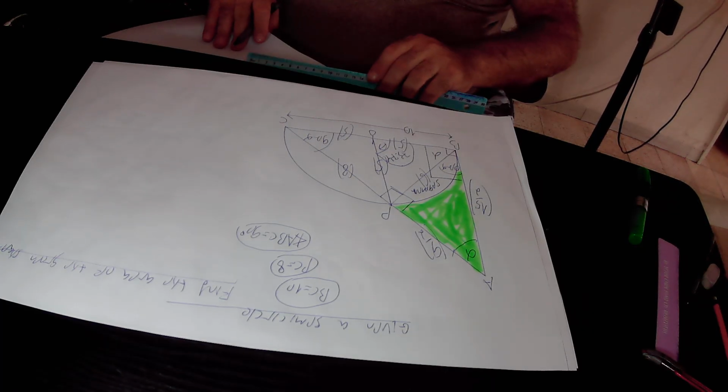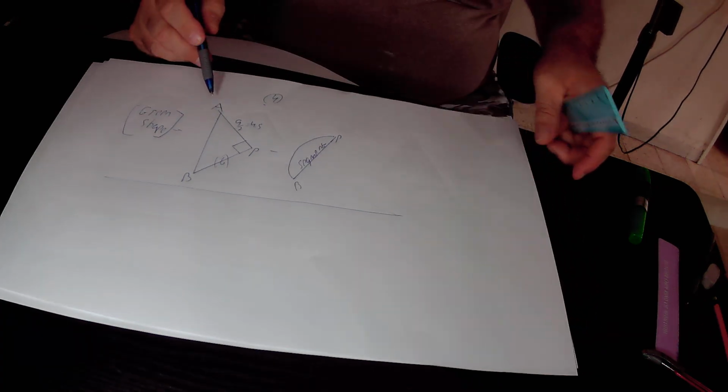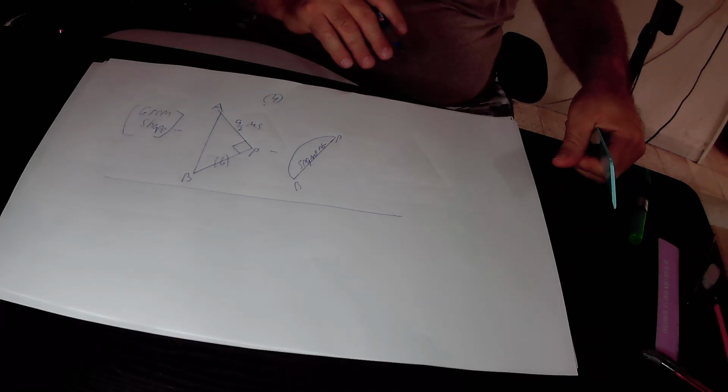So if we look at it again, we find that the area of the green shape is equal to the area of the right triangle APB minus the area of segment BP.